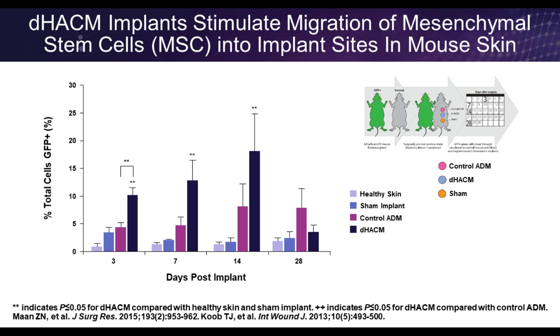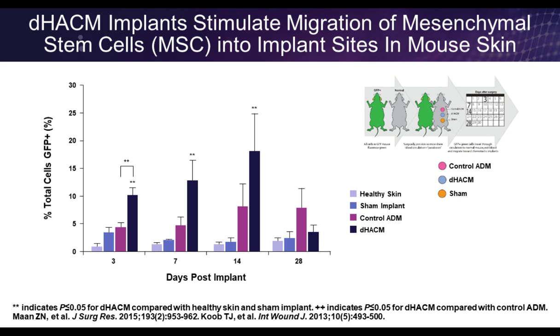The amount of stem cells migrating from the green fluorescent protein mouse that's surgically grafted onto the normal mouse was measured in the different wound areas. These tissues were analyzed at day 3, 7, 14, and 28 after the dehydrated human amnion membrane was applied to these wound sites on the mouse.